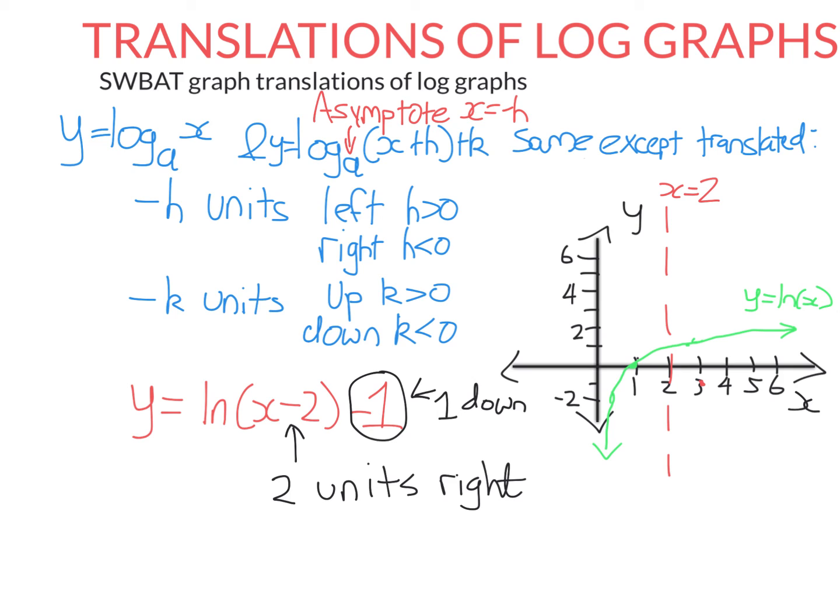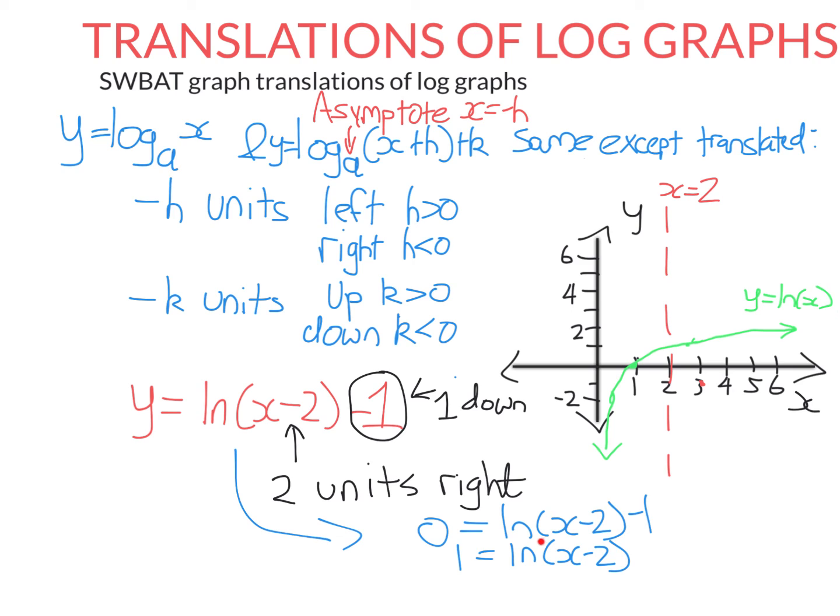So let's find its x-intercept. So to find the x-intercept, I'm going to let y equal 0. So all I'm going to do is take this equation and change y to 0. So then what I do is I add 1 to each side, and I've got 1 equals log base e of x minus 2.